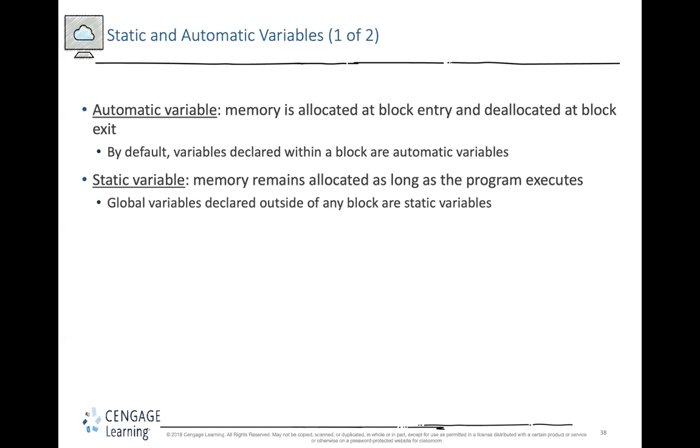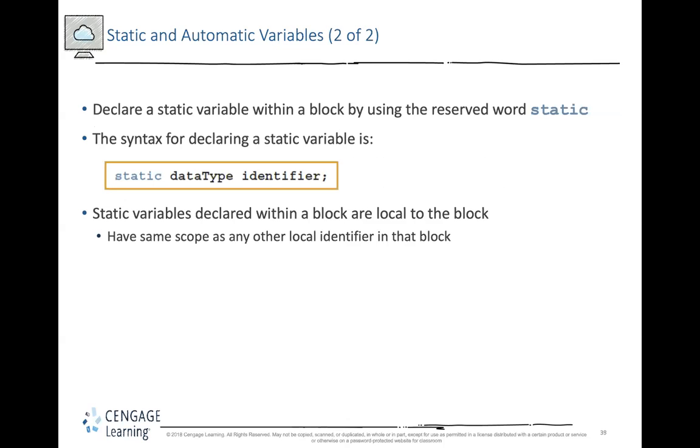So is the static space. The global variables are basically static variables as well, and they'll be put into the static space. Now, if you're actually inside a block, like in a function or in a curly braces block, then you've got to use the static keyword to declare that variable as static.